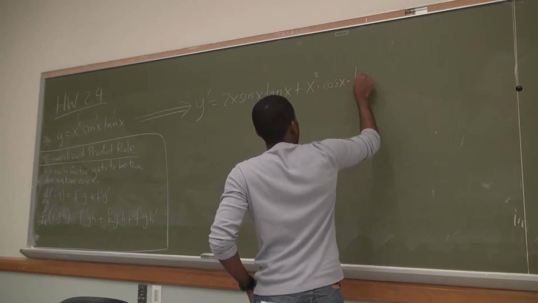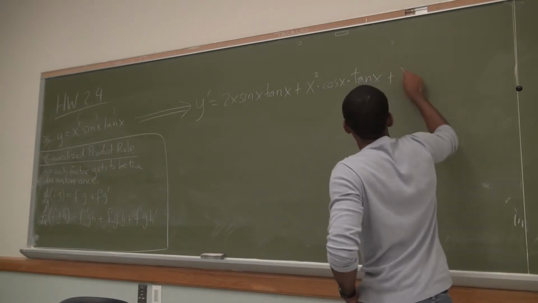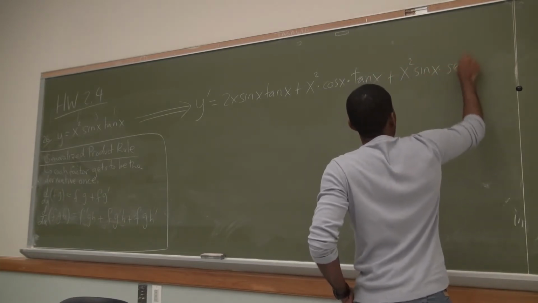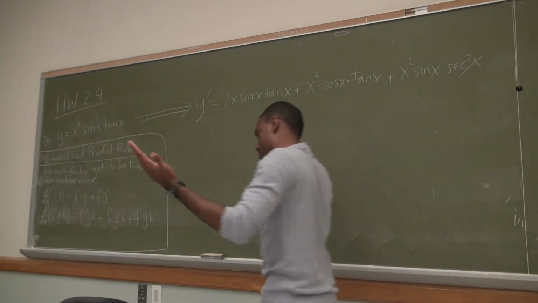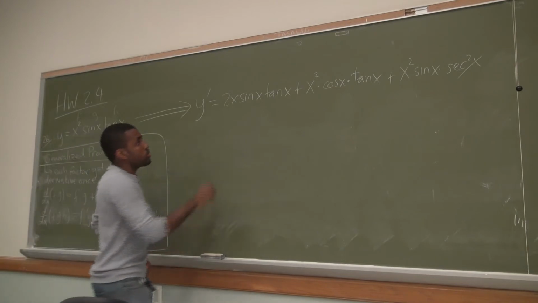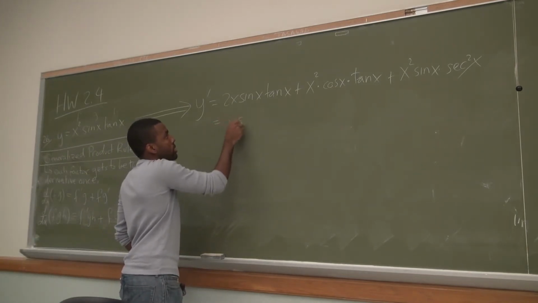Then plus x squared sine x secant squared. And that's sort of it. We can't really do much here. Maybe factor out sine x.